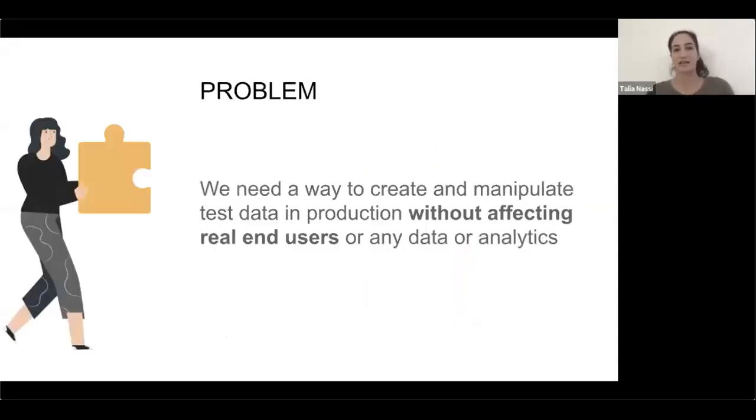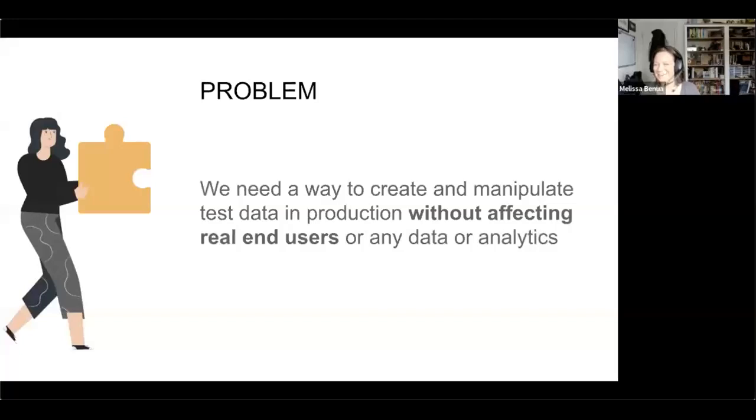Something else that is really important when you're testing in production is obviously data, and making sure that your real user data doesn't affect your test data and vice versa. You want to make sure that those don't mix. Why, Talia? Why do we want to make sure that we don't have test data mixed in with our real data?